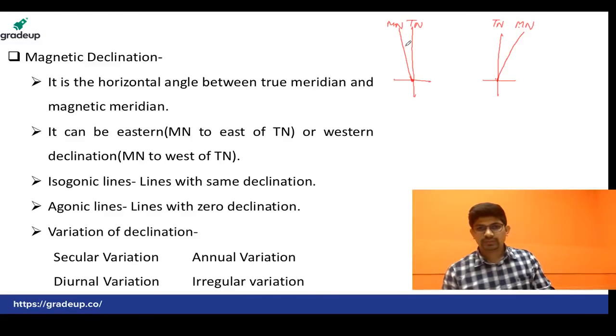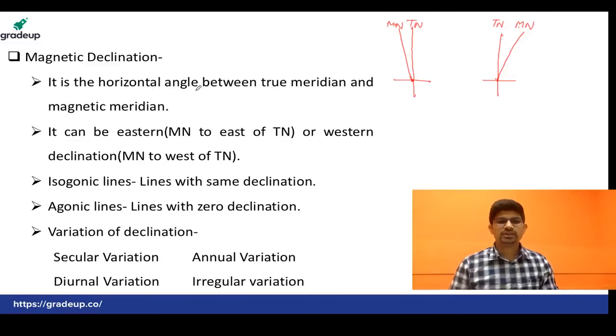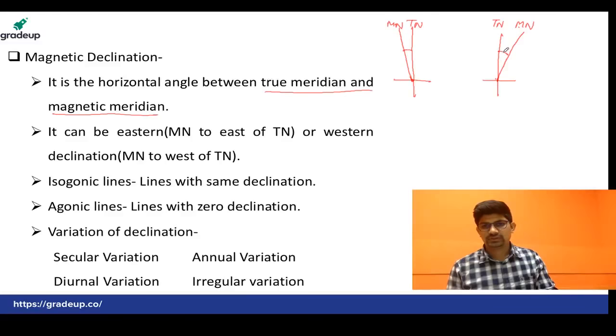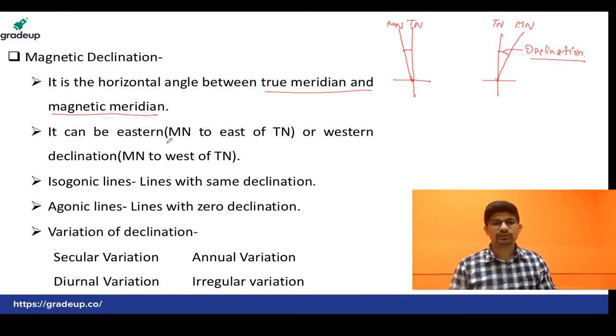So here, what is declination? Magnetic declination is the horizontal angle between the true meridian and the magnetic meridian. So this angle is the declination. It can be eastern or western declination.